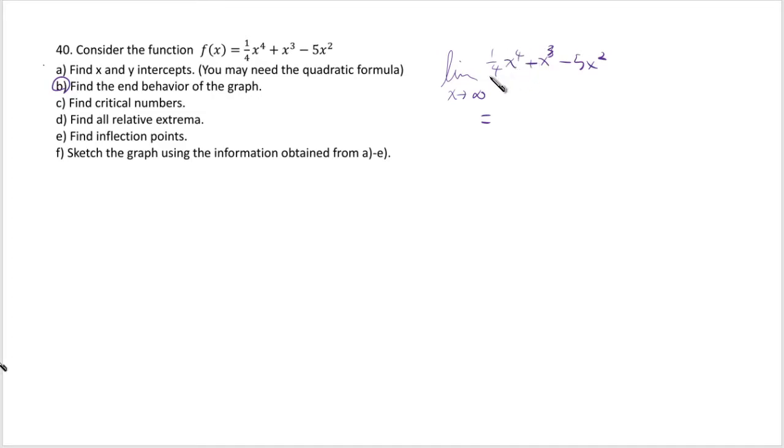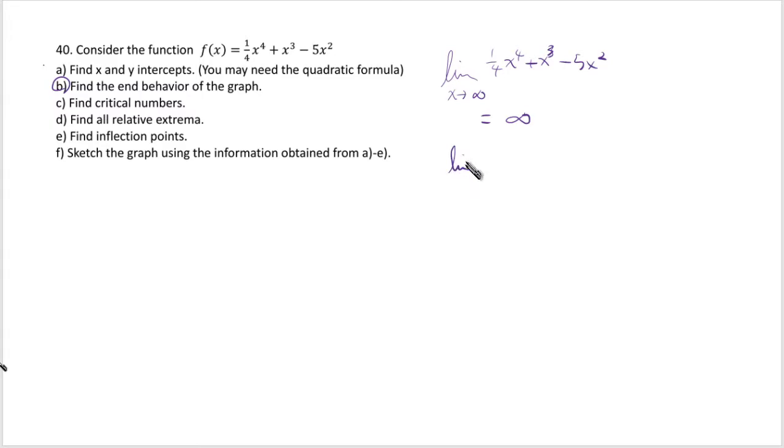Although this has a 1/4 in front, this number is far bigger than the other two. So that means it's going to give you infinity, because this becomes infinity. Even if you subtract something, it's not going to do much when x is really large. So that's going to be infinity.